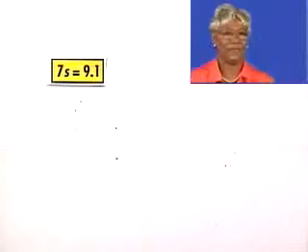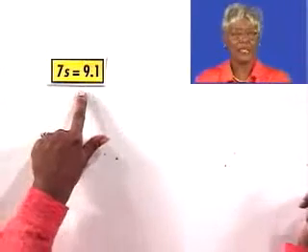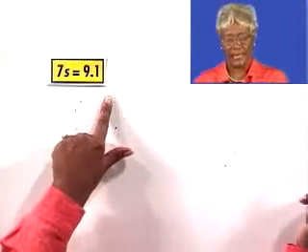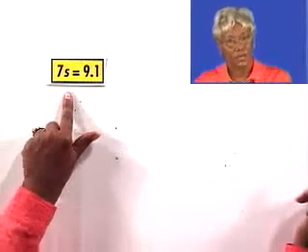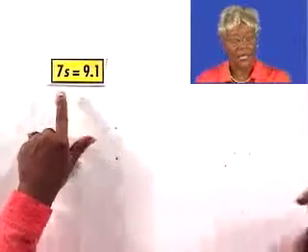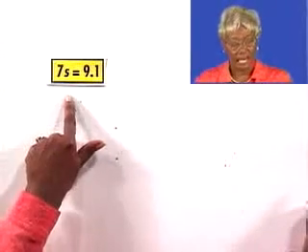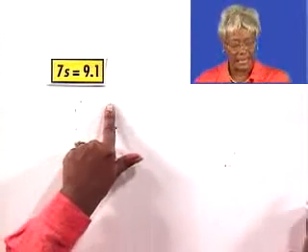Let's try another one. 7s equals 9 1/10. I'm looking at my equation. Notice it's multiplication instead of subtraction. It's 7 times s equals 9 1/10.